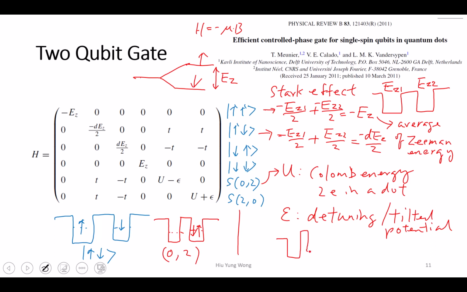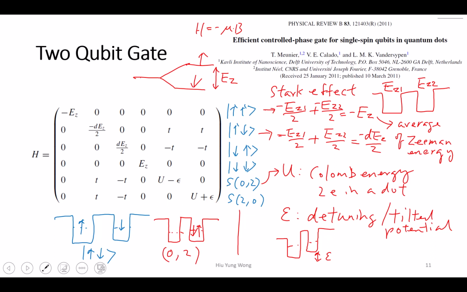I don't make it gradual, I just put it like this. This difference is the epsilon. Now, of course, if you have an epsilon, then it's more difficult to go from left to right and easier to go from right to left. That's why one of the energies is minus epsilon and the other is plus epsilon.